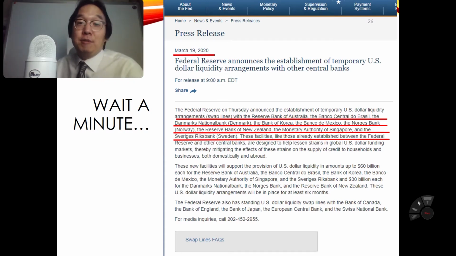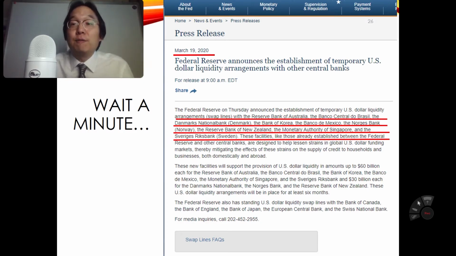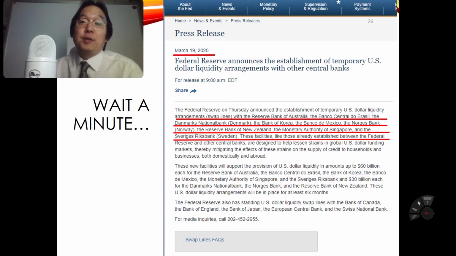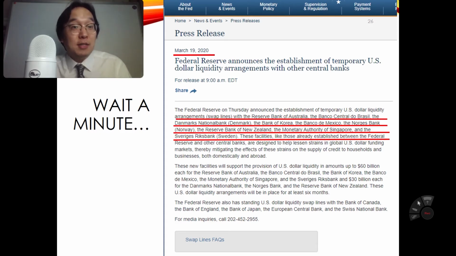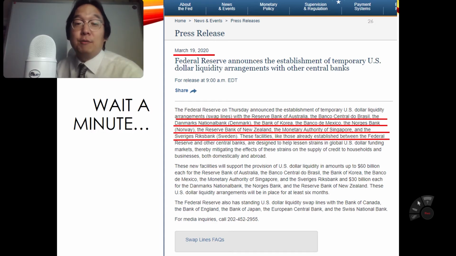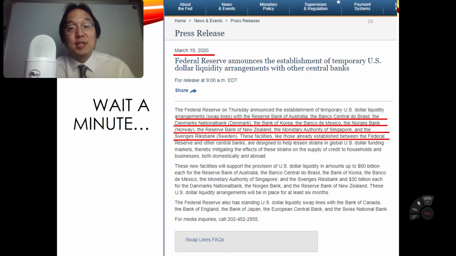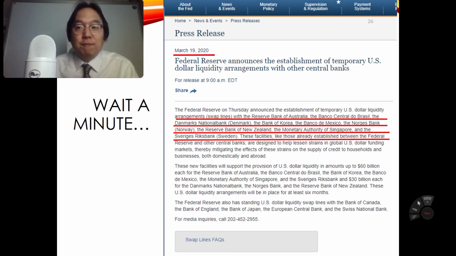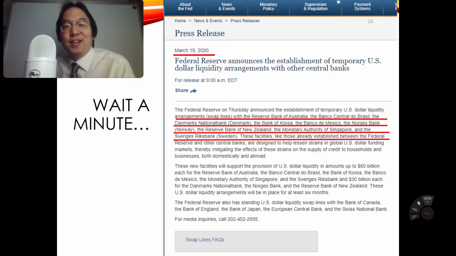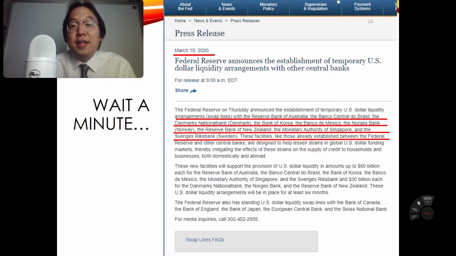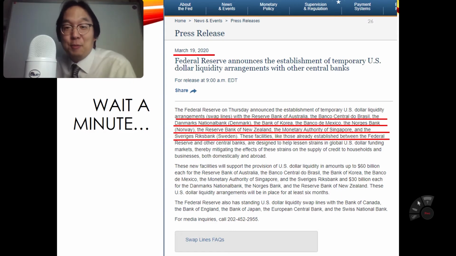It says: Federal Reserve announces the establishment of temporary US dollar liquidity arrangements with other central banks. What the heck is that? Well, the Fed on Thursday announced the establishment of temporary US dollar liquidity arrangements, which means swap lines. Sounds familiar? Currency swap? Yeah. With the Reserve Bank of Australia, Banco Central do Brasil, Denmark's National Bank, and then the Bank of Korea, holy cow, so we are one of them, not the only one.